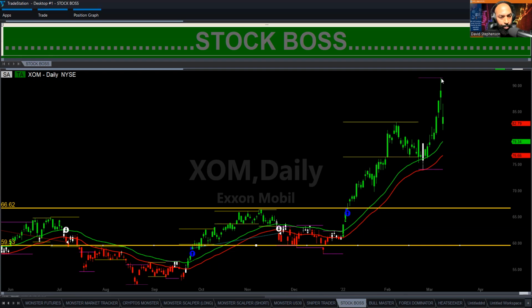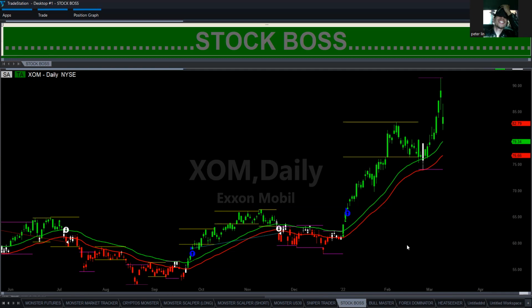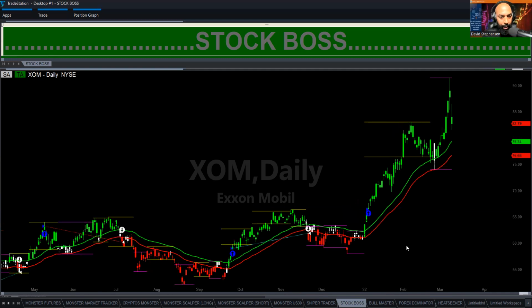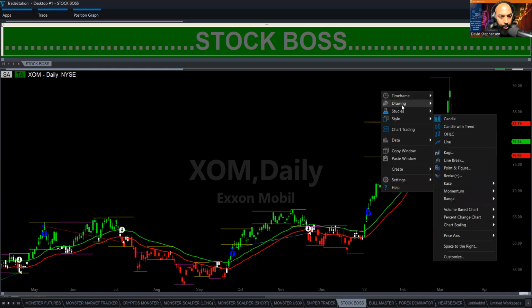But when we get purple support and resistance way up here, you're talking, it went from 66 to 90. I'm gonna call this a reversal. So I think this would be your top for now.